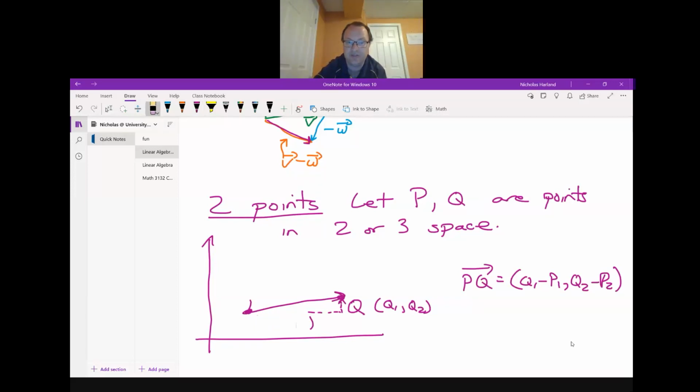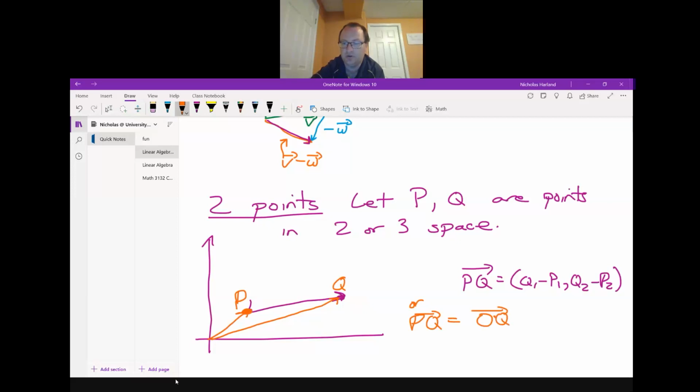Another way we could think of it is instead of looking at the points, we could look at their vectors. So instead of thinking of this point P, we could think of this vector starting from the origin. Same thing with Q. In which case PQ is just OQ minus OP, which would give us the exact same thing.